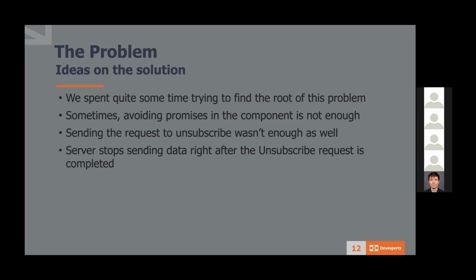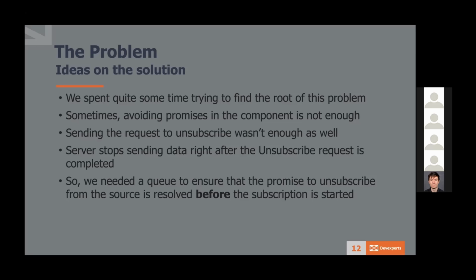And the server stops sending data right after the unsubscribe request is completed. We needed a queue. We needed to be sure that the promise to unsubscribe from the source is resolved before the subscription is started. So we needed to wait until this happens.